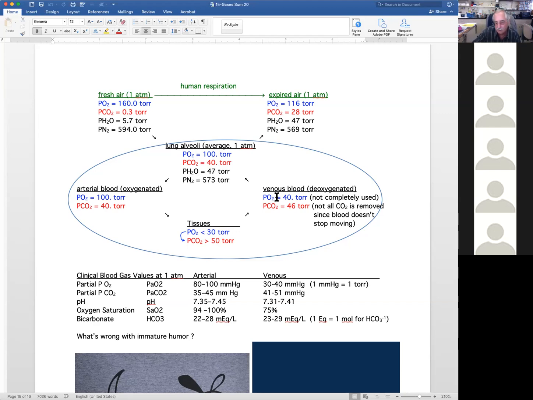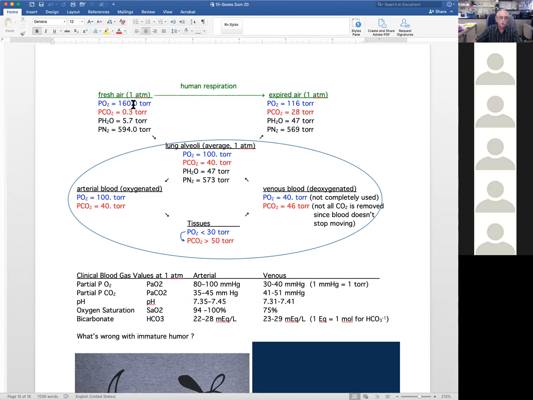No, that does make sense, because the blood doesn't come to the tissues and then just stop and say, okay, everybody out. You may have noticed if your blood stops circulating, you're kind of like dead and stuff. So it's not completely removed. Then it gets into the lung alveoli again, and then it gets replenished, right? Comes down the gradient again.